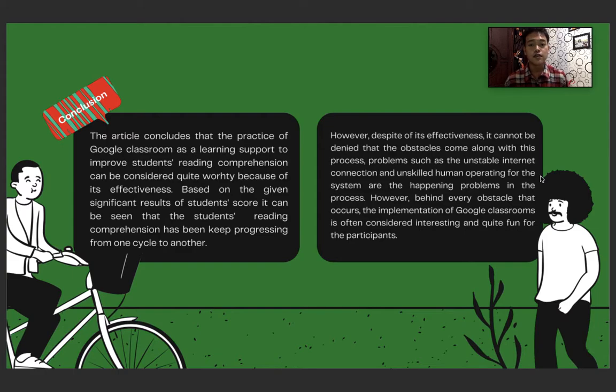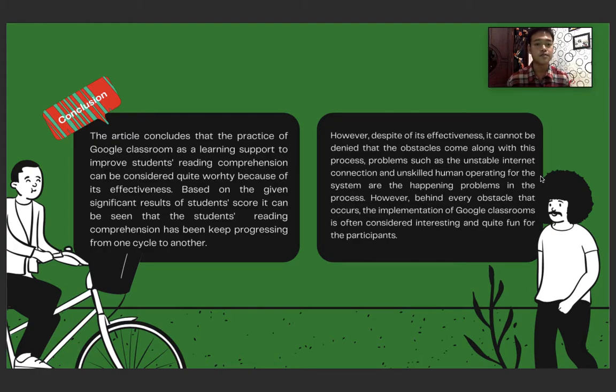Well, the article concludes that the practice of Google Classroom as a learning support to improve students' reading comprehension can be considered quite worthy because of its effectiveness. Based on the significant results of the student scores, it can be seen that the students' reading comprehension has kept progressing from one cycle to another.